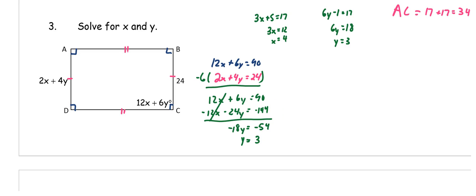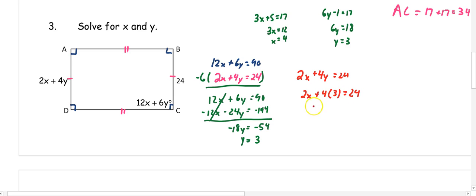Once I know y is 3, I need to go back and substitute. I'm going to pick either equation. This time I'll pick the second one: 2x plus 4y equals 24. I'm going to put 3 in for y, so I get 2x plus 4 times 3 equals 24. 2x plus 12 equals 24. Subtract 12 from both sides. 2x equals 12, so x is 6. So my ordered pair would be 6, 3.